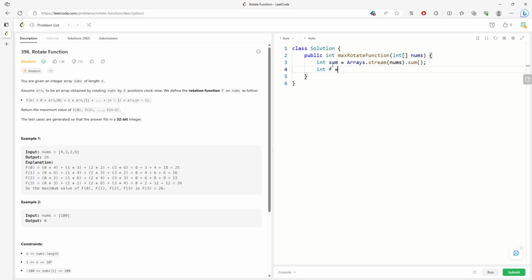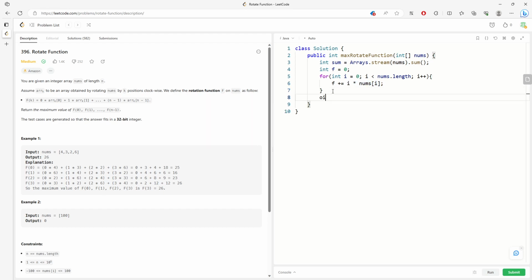And then I have f initially starting from 0, right? And then I need to traverse a for loop over the nums array, and f will be plus equal to I times nums I, right? So this is going to be 0A, 1B, 2C, 3D, right?